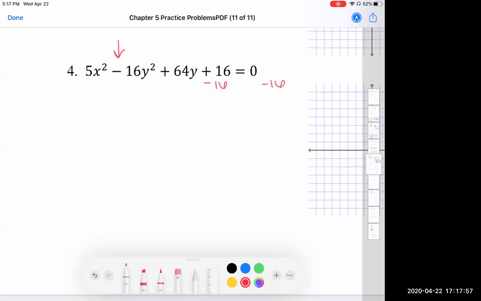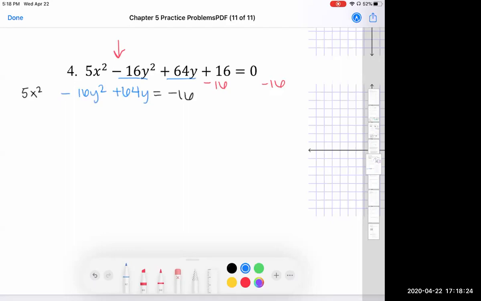And then we want to group our y's and our x's together. So for our x's, we just have that 5x squared. And for my y's, I have a minus 16y squared plus 64y is equal to negative 16. We make sure they're next to each other so we can complete the square.